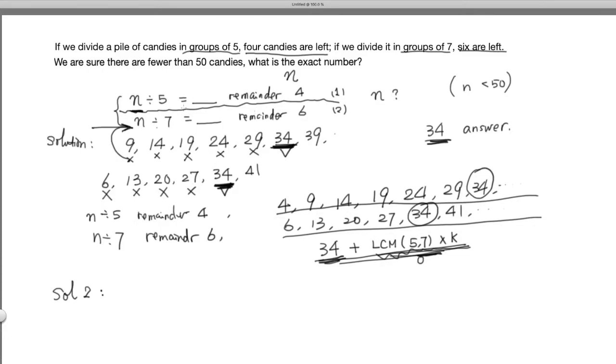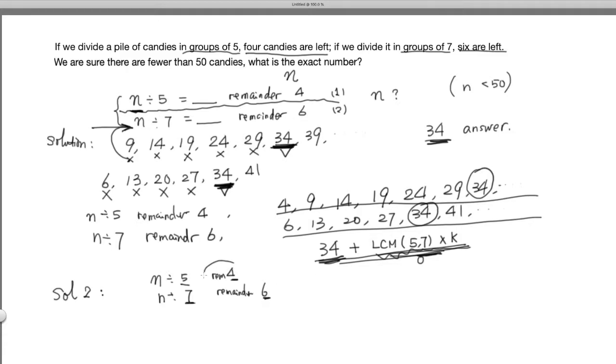In here we observe that when n divided by 5, the remainder is 4. N divided by 7, the remainder is 6. Realize the 5 and the 4 difference is 1. The 7 and the 6 difference is also 1.